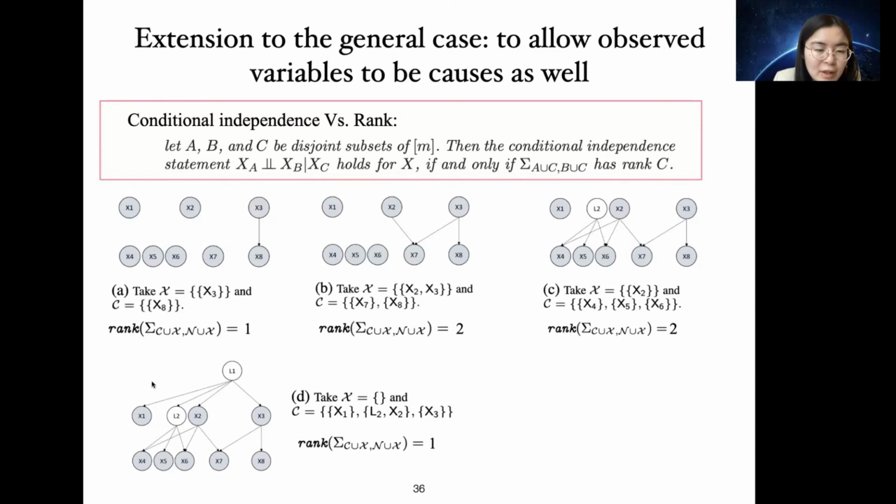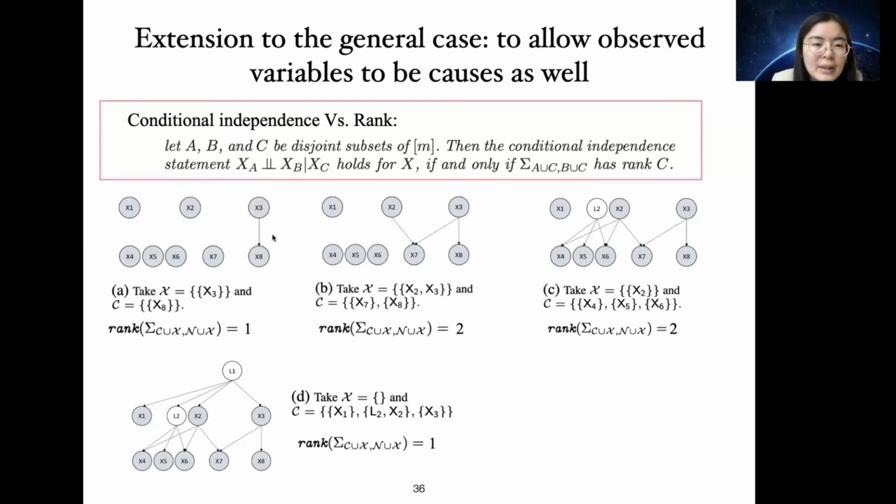Let's suppose this is the ground truth graph. Now we start the search procedure. We first find that if we take X equals X3 and C equals X8, and here we test this rank, where N represents the remaining variables in the current active set, then we find that this rank is 1.